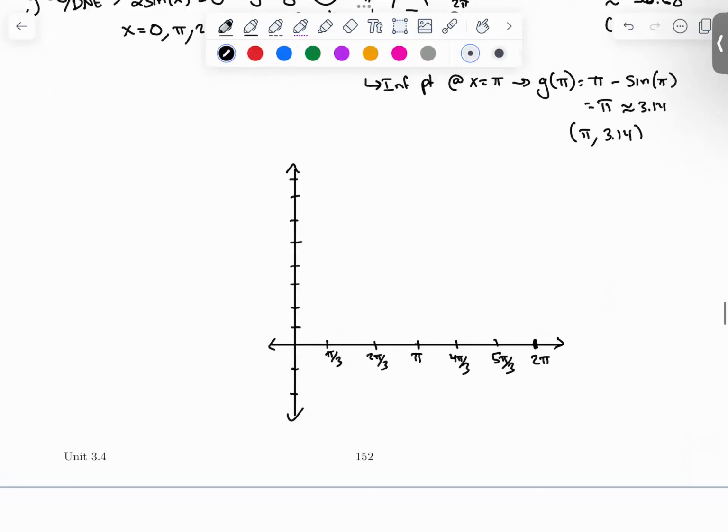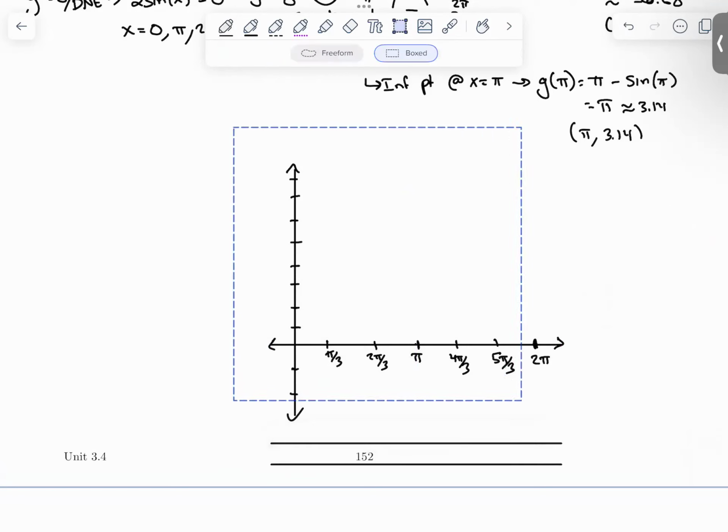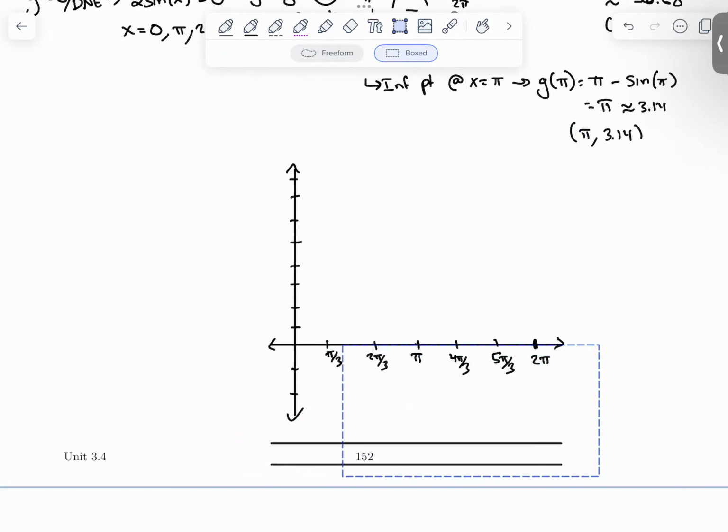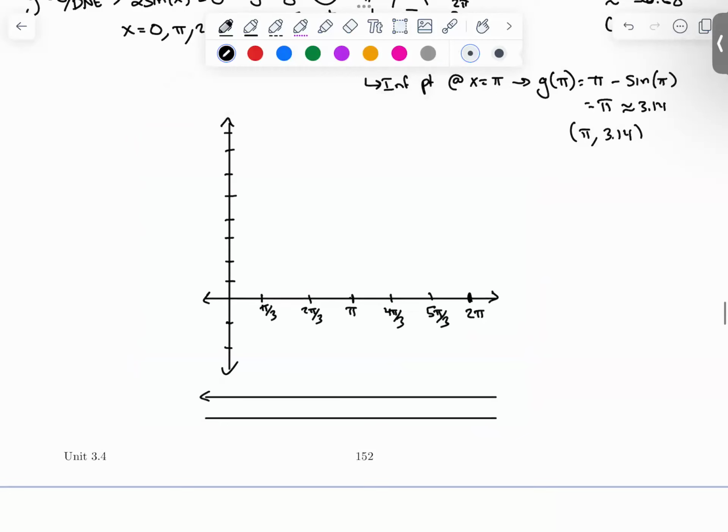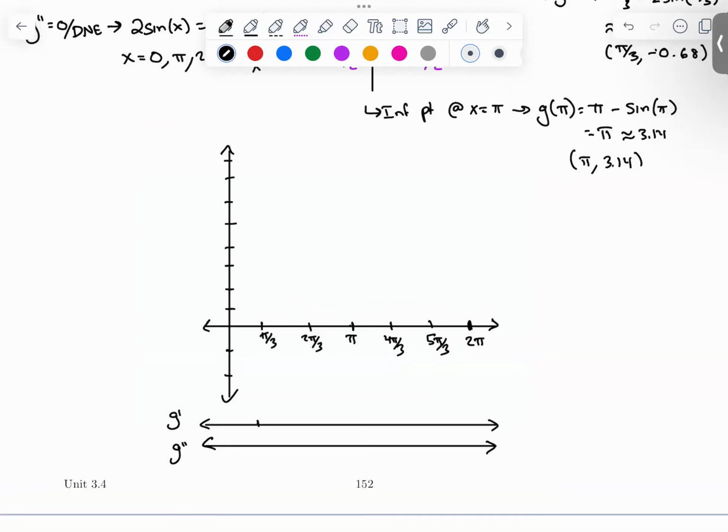So then I'll draw my sign charts down below, which I'm actually just going to duplicate this thing and put it right below it. Duplicate. And since I'm running out of space, I made that mistake. So let's just move this up a little bit and over. All right. And then g prime, g double prime. g prime had pi over 3 and 5 pi over 3. g double prime just had pi.